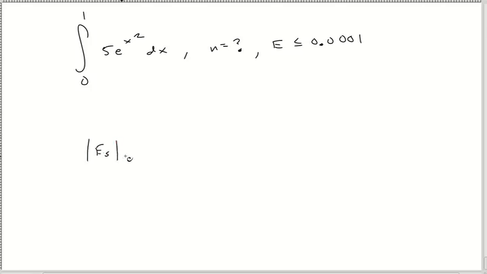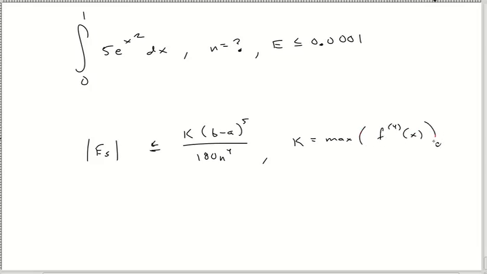Error for Simpson's. Here's a new formula for you now: K times (b minus a) to the 5th power, divided by 180 n to the 4th power. And in this case, K is the maximum of, you ready for this? Your fourth derivative.